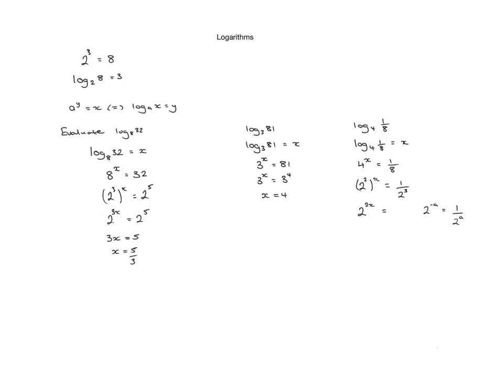In this case I'm using that backwards, so 1 over 2 cubed is equal to 2 to the minus 3. Now that the bases are the same, all I have to do is drop the base and equate the indexes. So I now have 2x is equal to negative 3, and x is equal to negative 3 over 2.